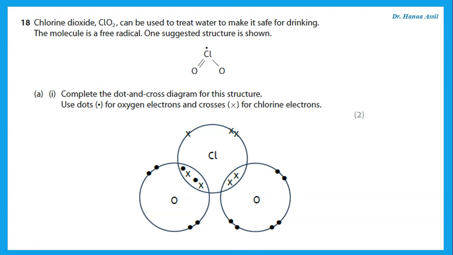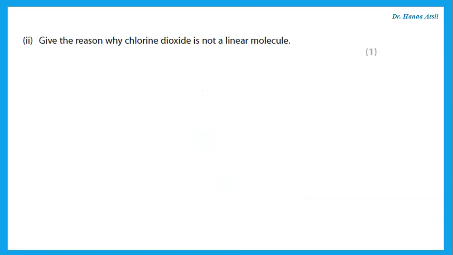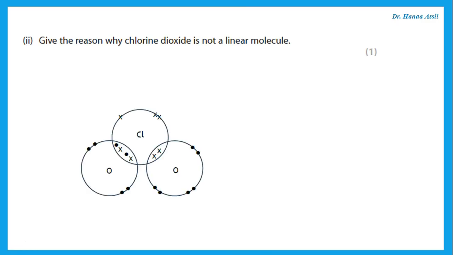Now the chlorine is in group 7. It already used 1, 2, 3, 4 of its electrons, so it is left with 3 electrons away from bonding. So they are non-bonding electrons. Now give the reason why chlorine dioxide is not a linear molecule.